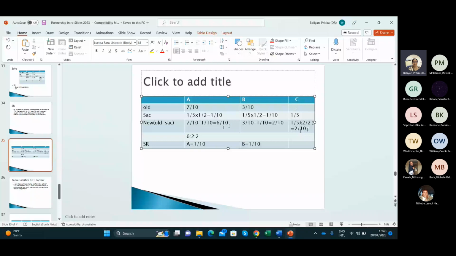Then it makes 6:2:2 as the new profit sharing ratio.